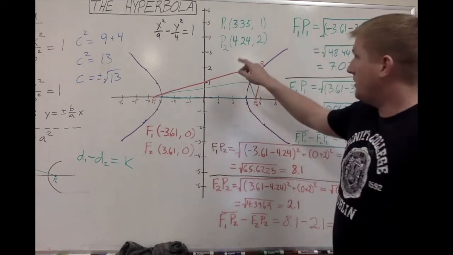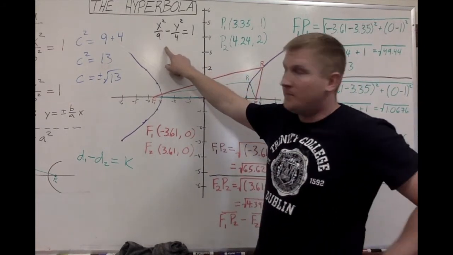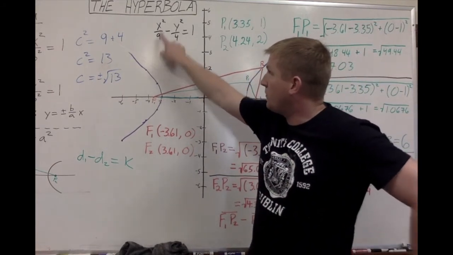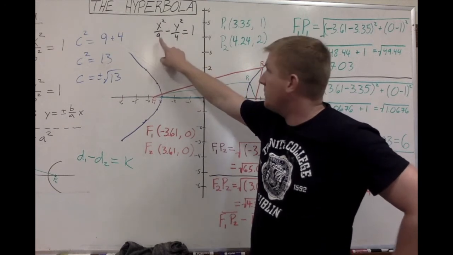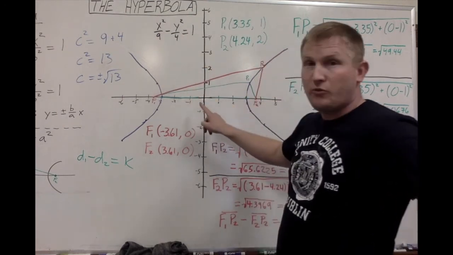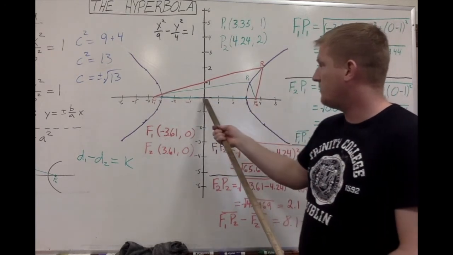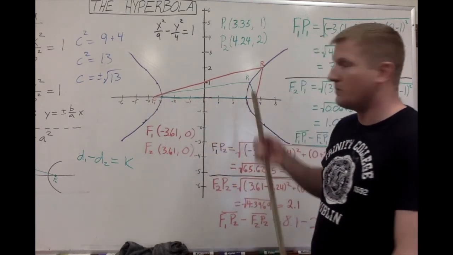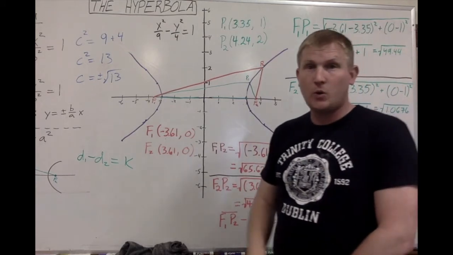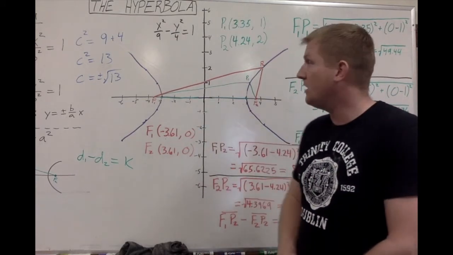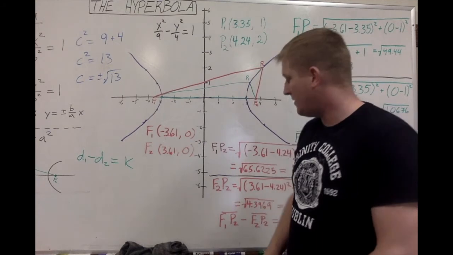If we look at our original equation, because this is horizontal, we look at the number under the x squared, which is 9. The square root of 9 is 3, which determined the distance to these two vertices. So this is 3, and this is 3. Well, 2 times 3, or 2a in this case, is 6.